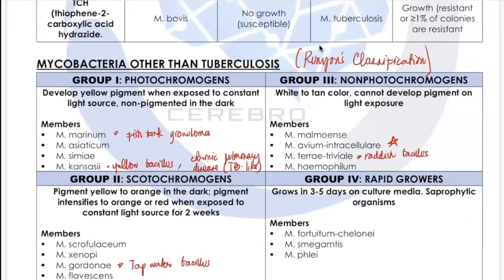Okay? So what are the characteristics we will remember about it? Mycobacterium avium intracellulare. Of course, this MAC complex is composed of 2 organisms, the Mycobacterium avium and the Mycobacterium intracellulare.